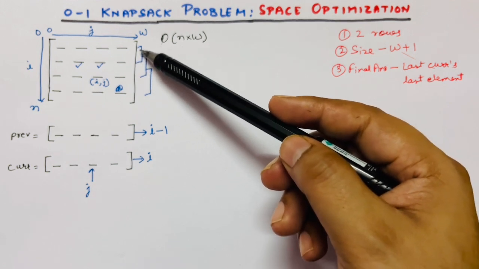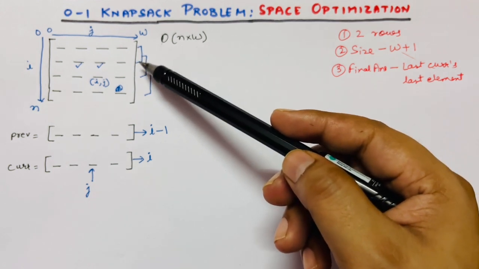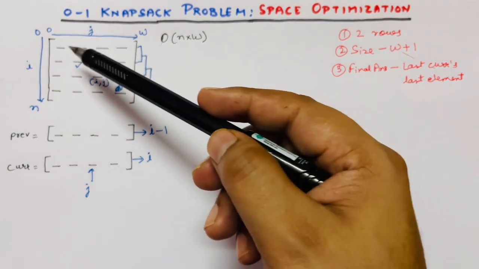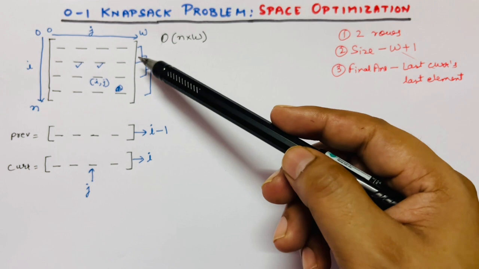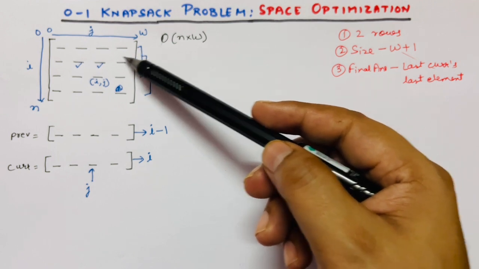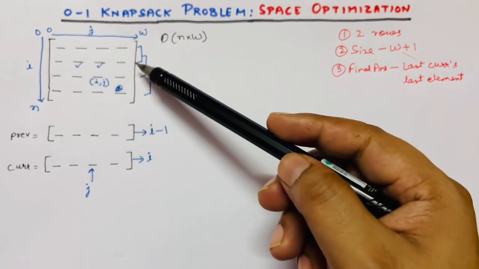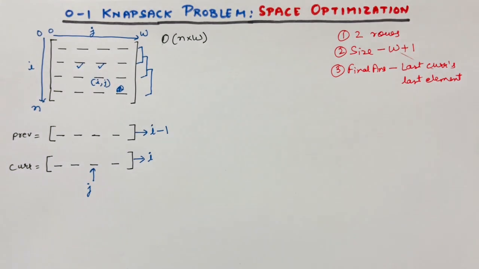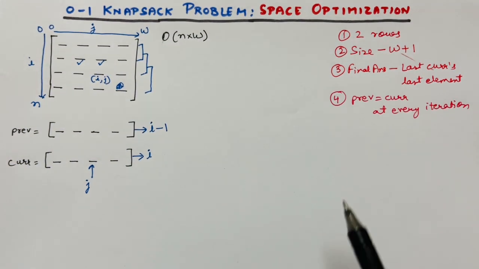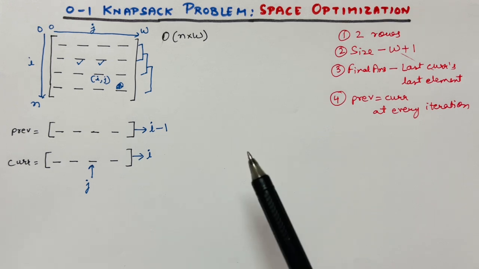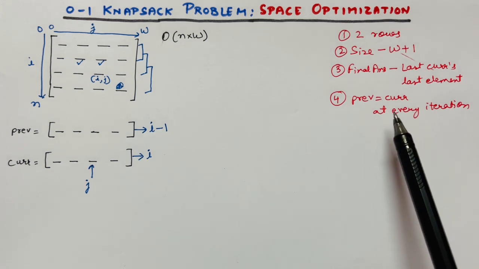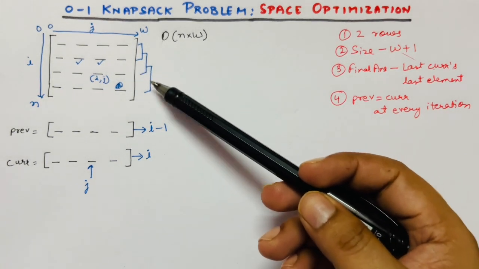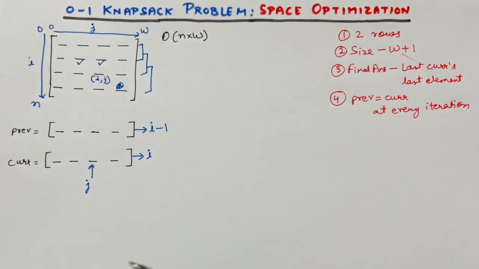For example, when we move from 0 and 1 to 1 and 2, then we won't need the 0th row at all. And when in 0 and 1 we would have filled the current row as row 1, this row will act as previous for 1 and 2. That means at the end of every iteration, our previous will point to the current row, and in every iteration we will be filling a new current row.